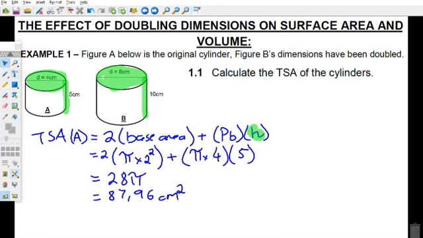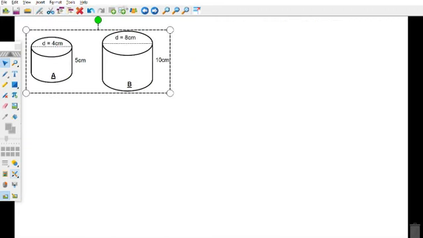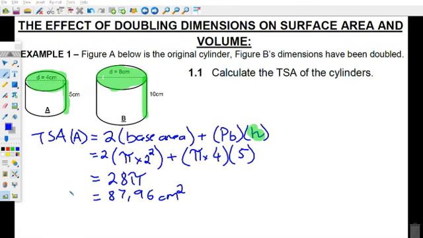Now we're going to have a look at the second one. I'm going to work it over here in a different pen color so you can see.